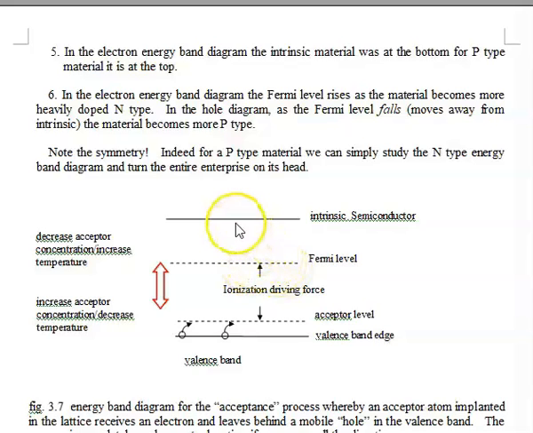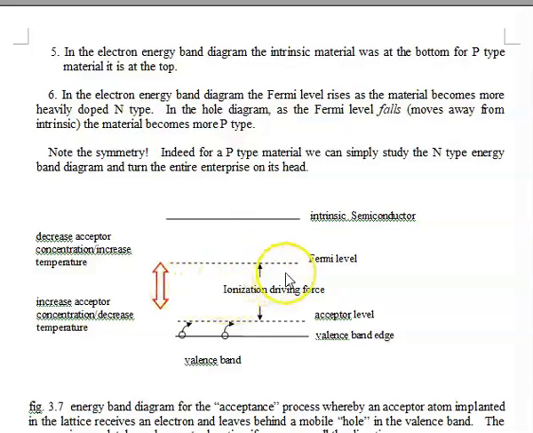Notice that the Fermi level is below the intrinsic or pure level. The ionization driving force, the magnitude depends on where the Fermi level is. As we implant more and more boron, or P-type, the Fermi level, instead of rising, again I mentioned stand on your head, the Fermi level falls.